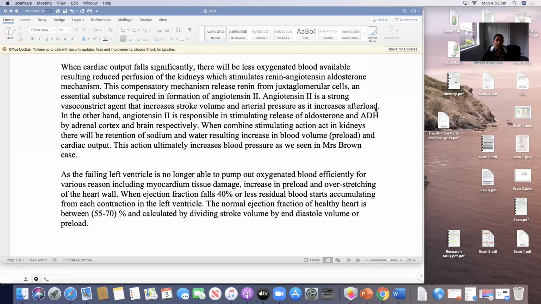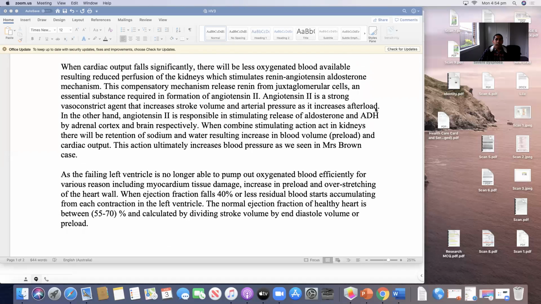This compensatory mechanism releases renin from juxtaglomerular cells, an essential substance required in the formation of angiotensin II. Angiotensin II is a strong vasoconstrictor agent that increases stroke volume and arterial pressure as it increases afterload.